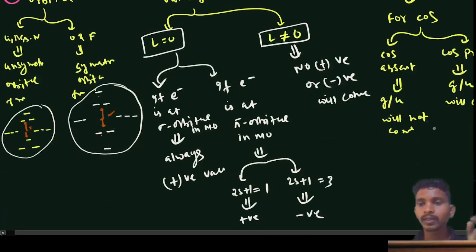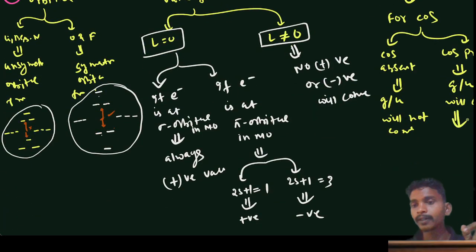How G or U comes, we decide by sigma, sigma star, pi, and pi star. Sigma is always G, then we write U, then G. Likewise you will do the others from here also.